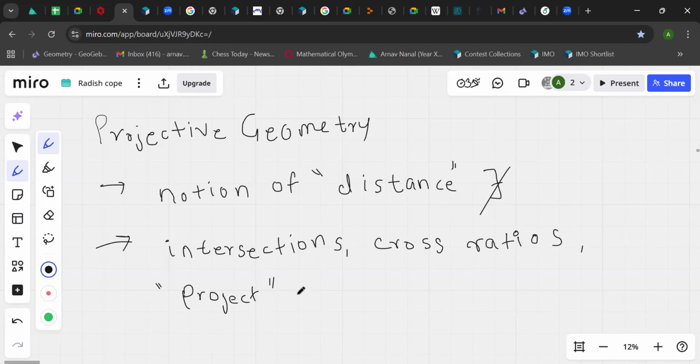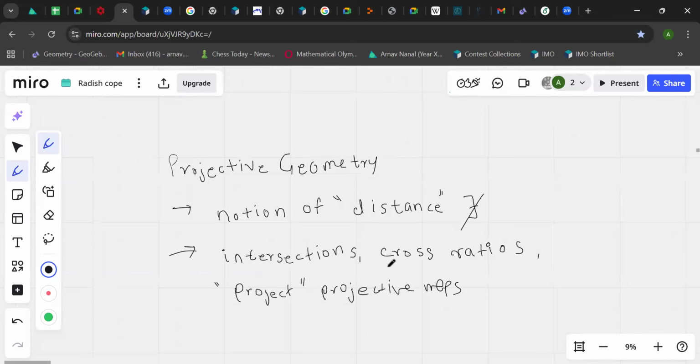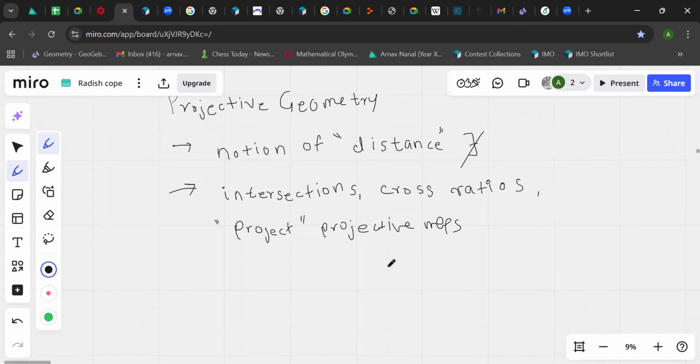I can just put it as maps. So this is what we intend to cover. I mean, not really, this is not going to cover everything. This is just how it is different from Euclidean geometry.